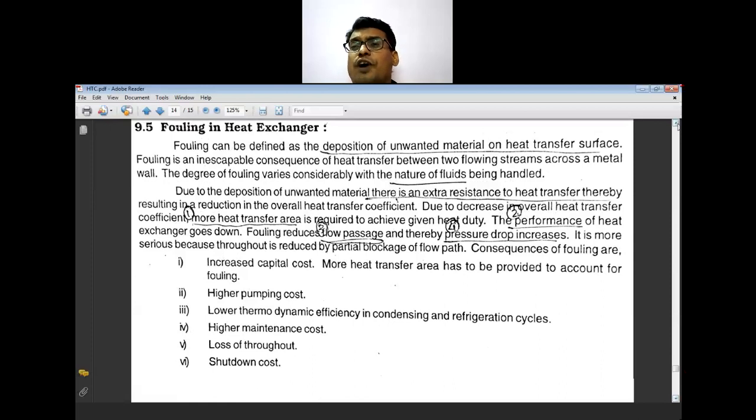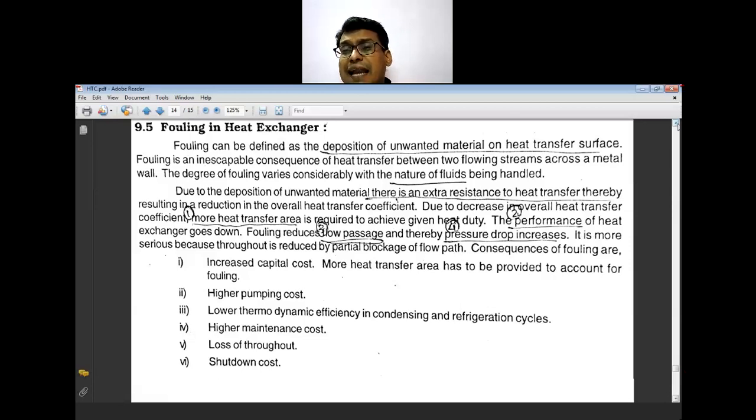Fouling can be defined as the deposition of unwanted material on the heat transfer surface. It's an unwanted material which is getting deposited on the surface of the heat transfer. So, this offers an extra additional resistance for the heat transfer.